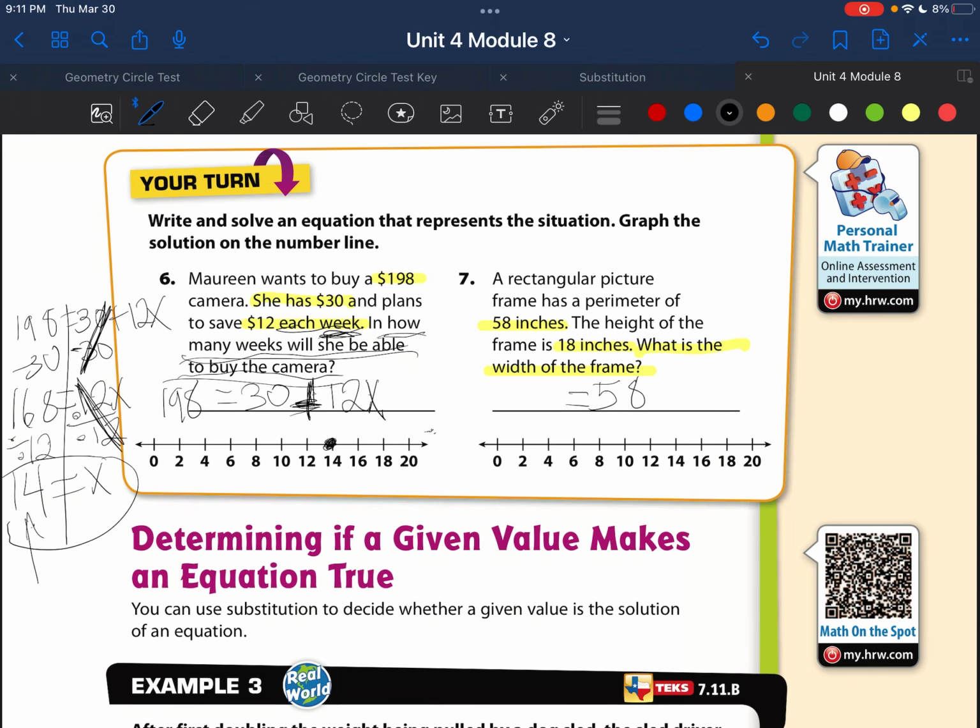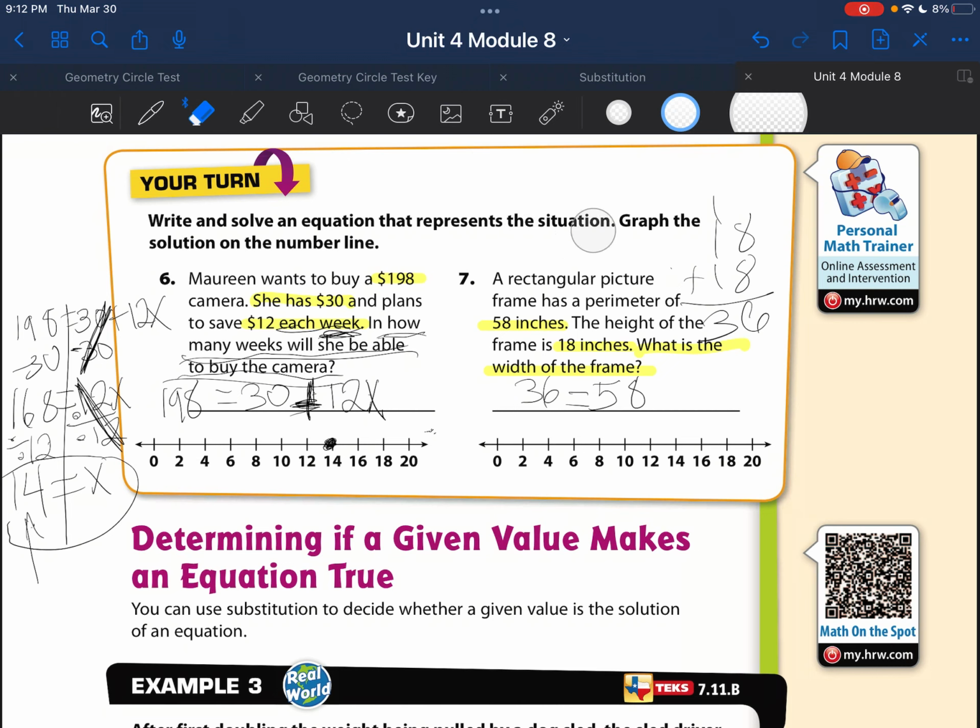We already have 36. I got that from adding my 18 and my 18. The reason I did that is because I have a picture frame, so I have 4 sides, and I'm only doing these 2. That's why I did the 36.